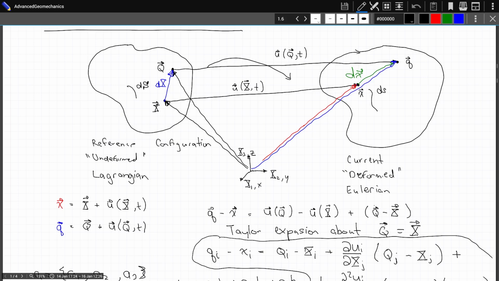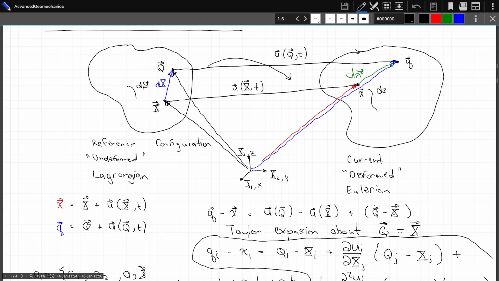No big deal. And then basically all we did was we wrote down this vector q minus x in the current configuration, which we later labeled dx, right? So we wrote down the vector q minus x in terms of things in the reference configuration, right? So u of q minus u of x plus q minus x. So this equation here.